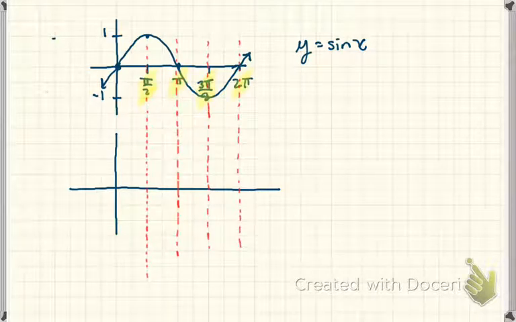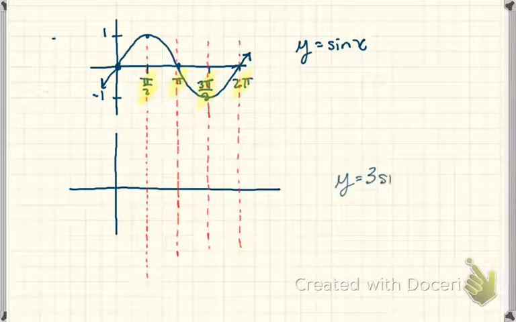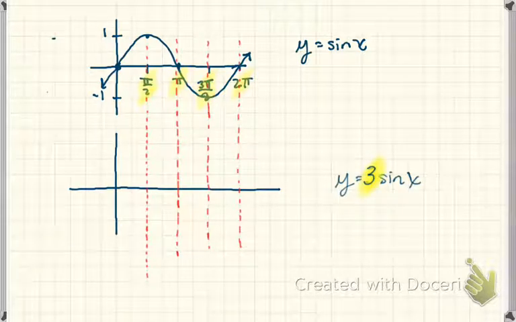Sorry, that's not the graph. Let me go back and get a different color. The graph they're asking you to draw is y equals 3 sine x. The 3 here is the amplitude, so a equals 3. Remember I told you omega does horizontal stretching or compressing.